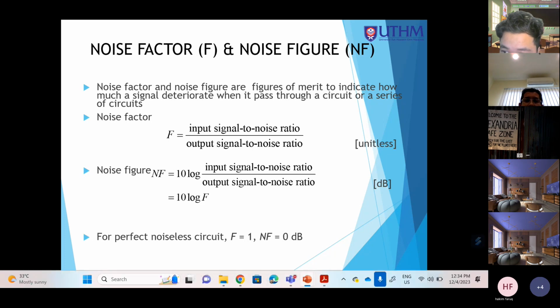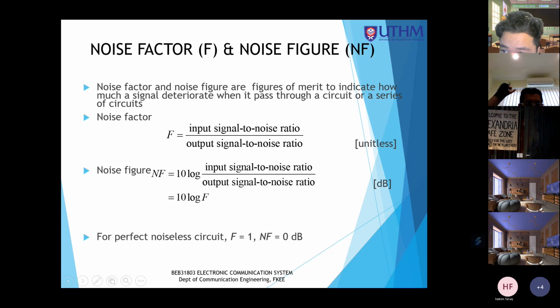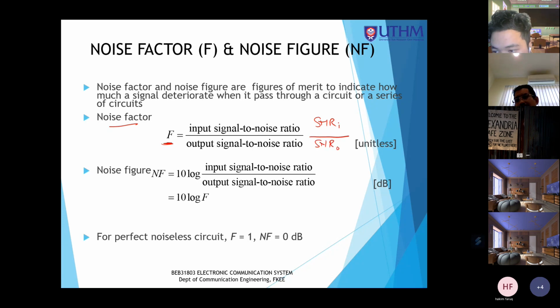So saya nak terangkan. Okay, so this is about the input, the noise factor. So the noise factor F is equal to input signal to noise ratio over output signal to noise ratio. That means this is SNR input divide with SNR output. Macam mana boleh ada dua SNR? How come it can become like this? So macam saya sebutkan tadi kelas, kalau kita ada satu sistem okay, kita ada input dan kita ada output.